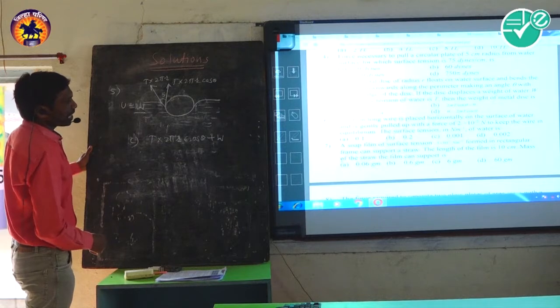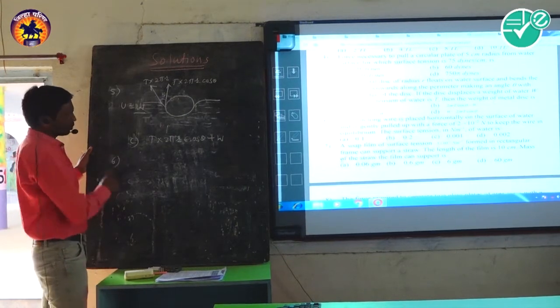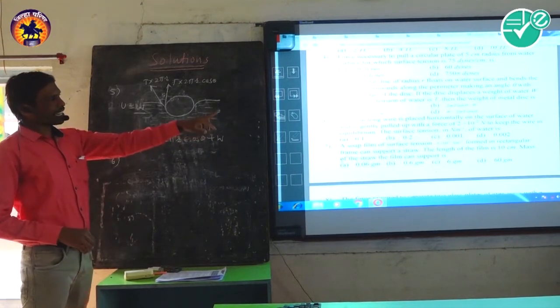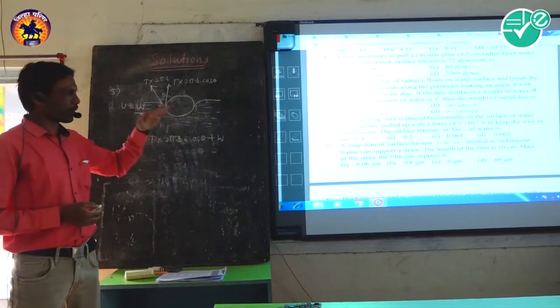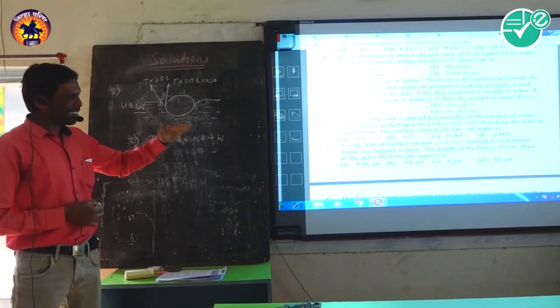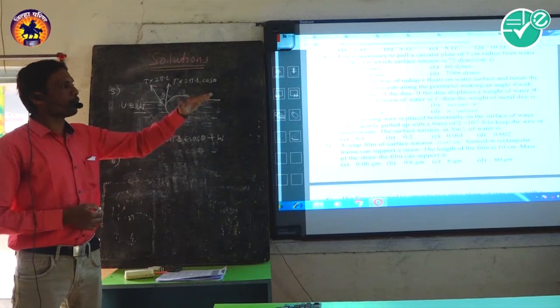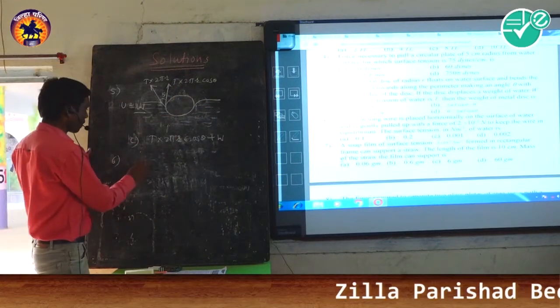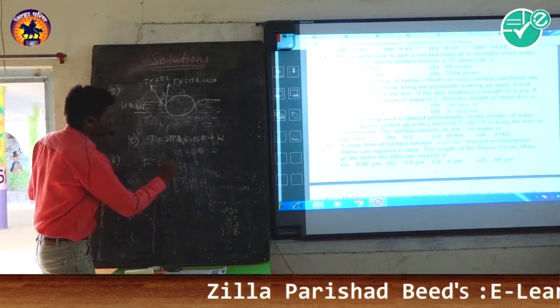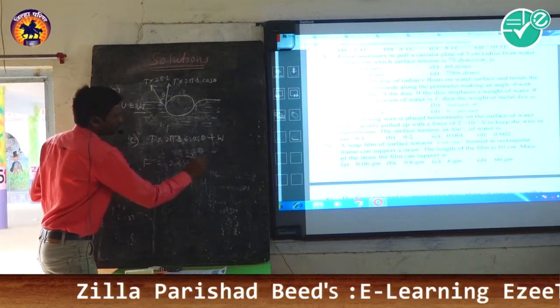Then we shall take the 6th MCQ. A 10 centimeter long wire is placed horizontally on the surface of water and is gently pulled up with a force. The force is given as F equal to 2 into 10 raised to minus 2 Newton.